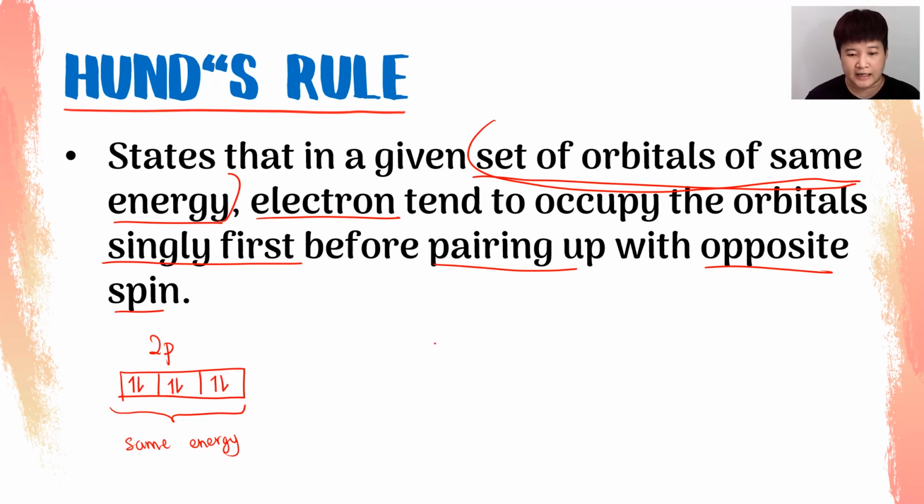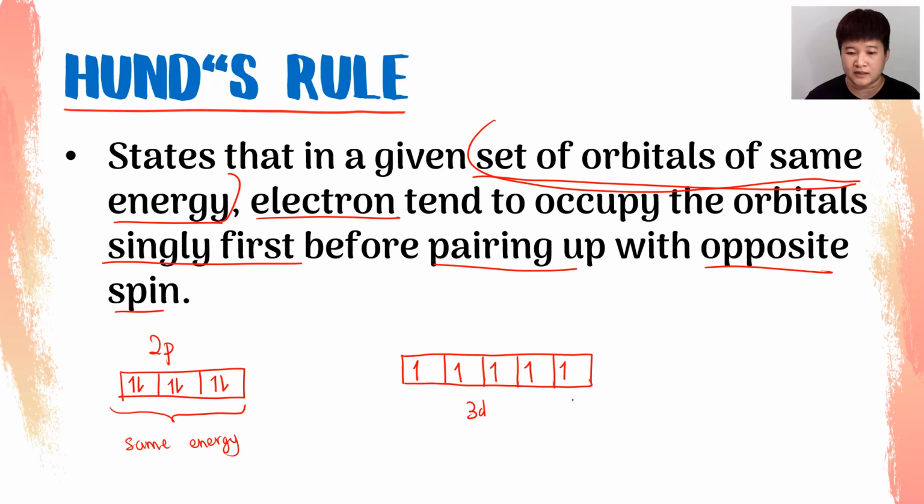Another example that I can give you is the 3d orbital. The 3d orbital has 5 boxes. What Hund's rule is trying to tell you over here is every box must get 1 single electron first before they pair up.